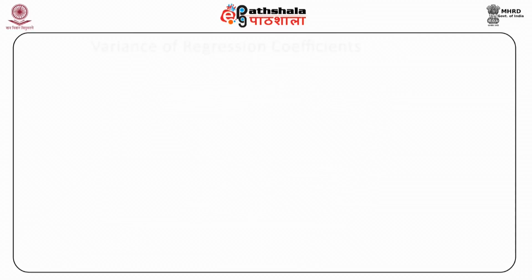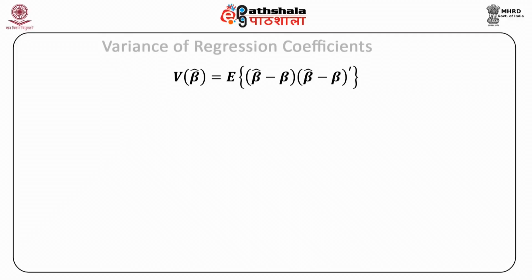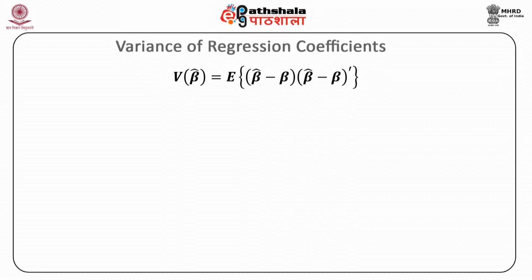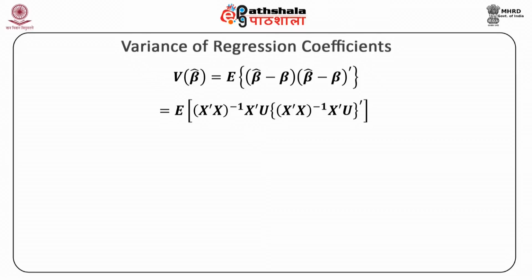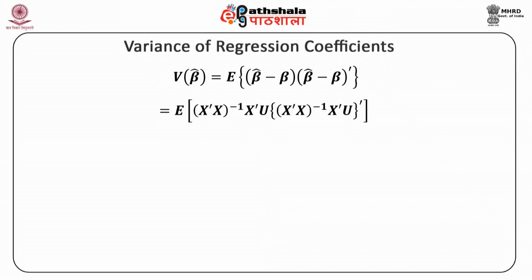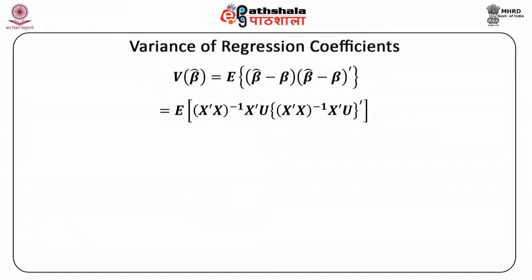How do we find out the variance of beta hat? Let us do it here in this slide. We can define the variance of beta hat to be equal to the expected value of (beta hat minus beta) into (beta hat minus beta) whole prime. Now, on substitution of the value of beta hat, this equals the expected value of (X prime X) inverse X prime U into ((X prime X) inverse X prime U) prime.